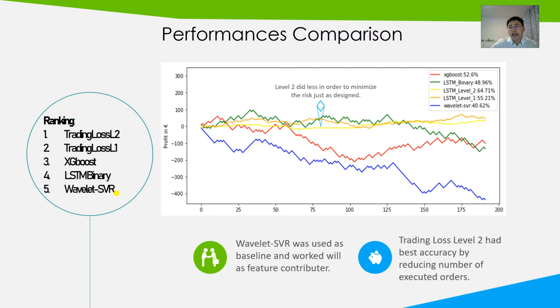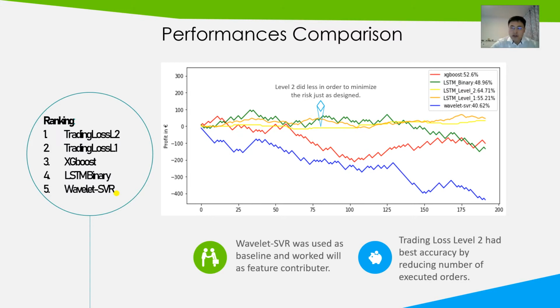This baseline is improved by XGBoost from 40% accuracy to 52% accuracy. Then I used long short-term memory with binary loss function to produce next 2-hour predictions. The accuracy is also improved, but not so much, and not better than XGBoost, just from 40 to 48%.